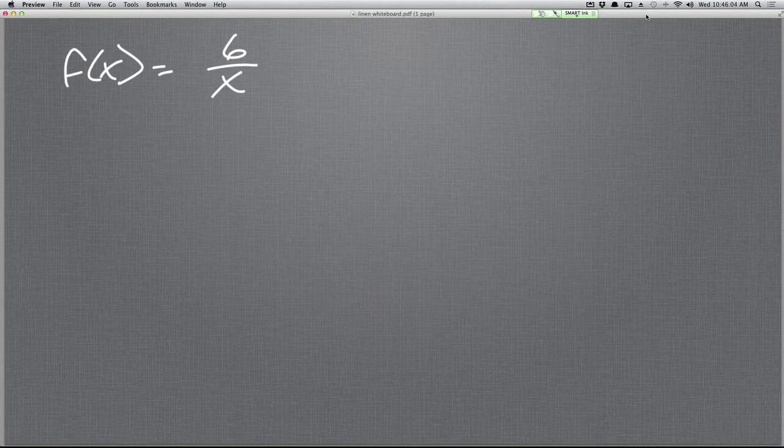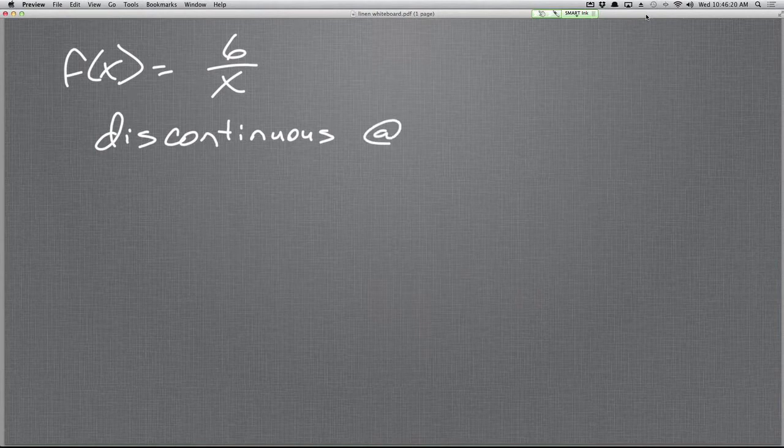Obviously, x equals 0. So that means I am discontinuous at x equals 0. That's the first part of the problem, finding discontinuities.